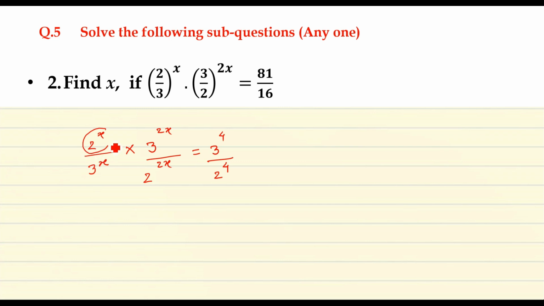So 2 raised to x and 2 raised to 2x can be written as 2 raised to x minus 2x. This is in the first bracket.